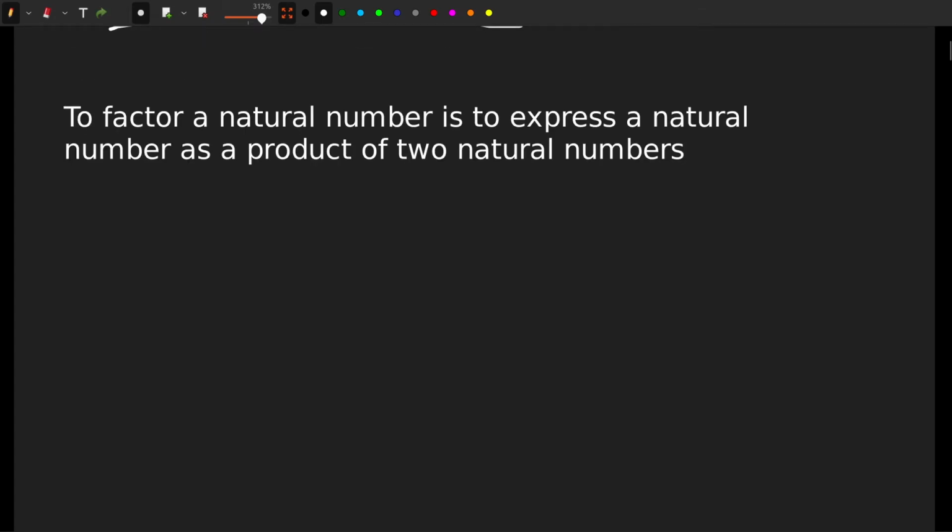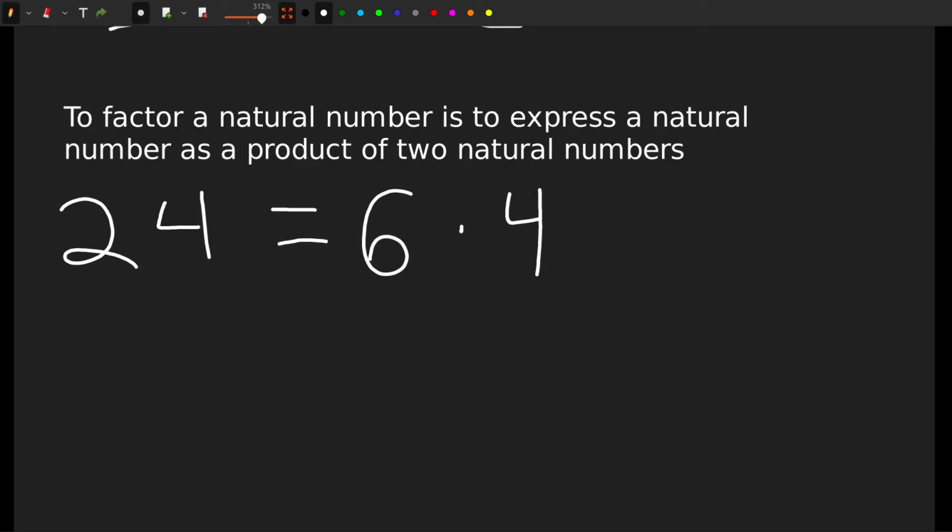Another example we can look at is 24. So if I want to factor 24, 24 can be factored as 6 times 4. Because 6 and 4 are two natural numbers, such that when you multiply them together, you get the natural number you're looking for.